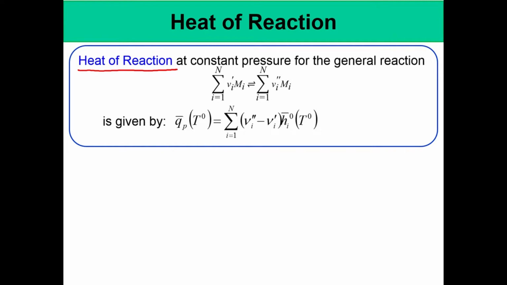The heat of reaction at constant pressure for a general reaction of this form, as we have defined, is given by the heat of formation of the products minus the heat of formation of the reactants.